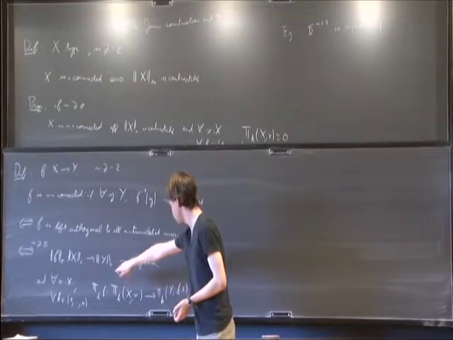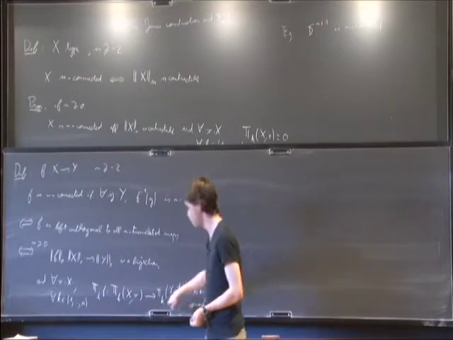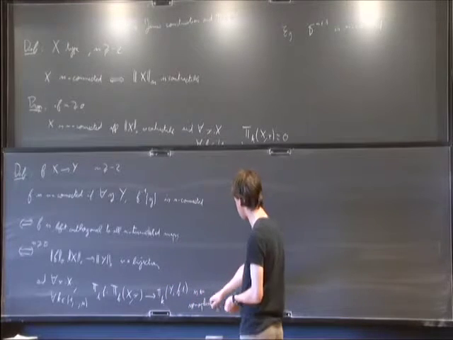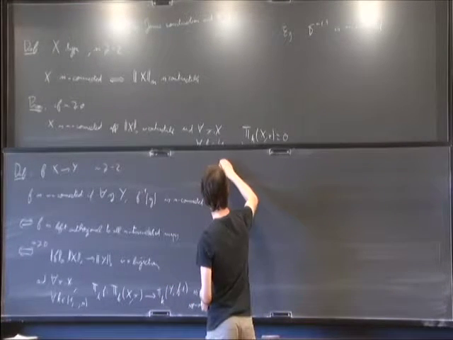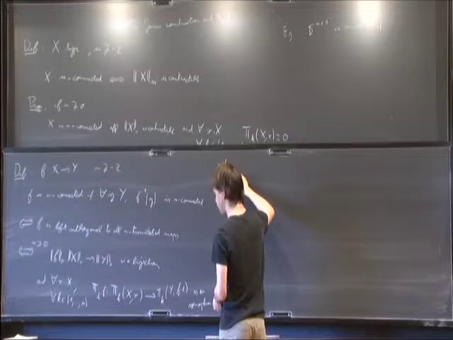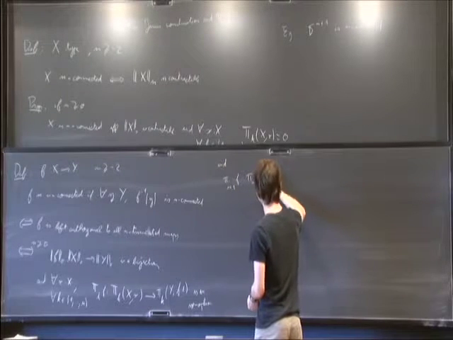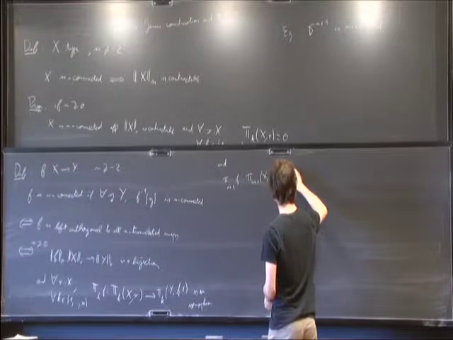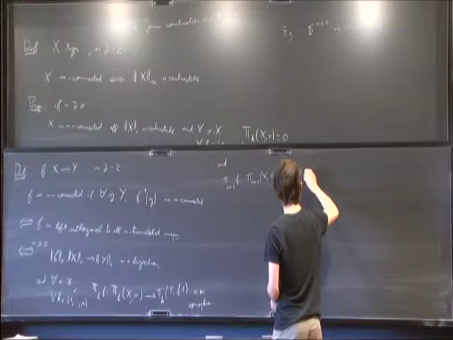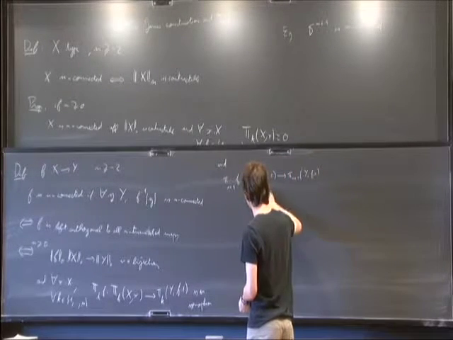Sorry, for all k less than or equal to n, this map is an isomorphism, and the map for pi n+1 is a surjection.